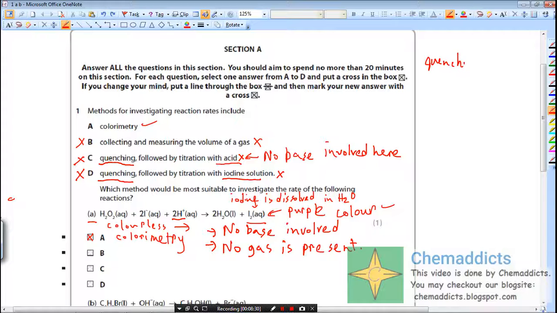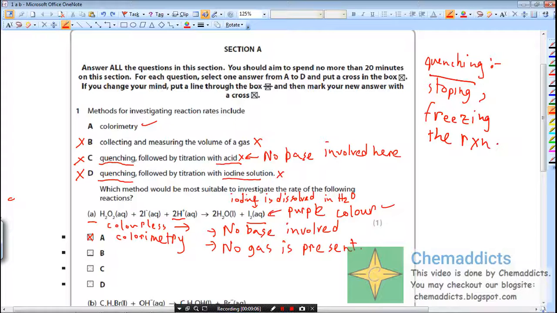Quenching in this question means stopping or freezing the reaction. That's it. So we can stop the reaction by using acid. We can also stop the reaction by iodine solution.